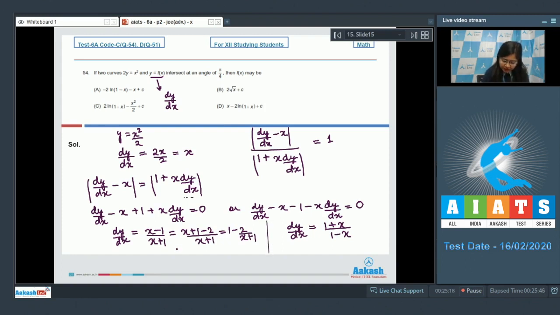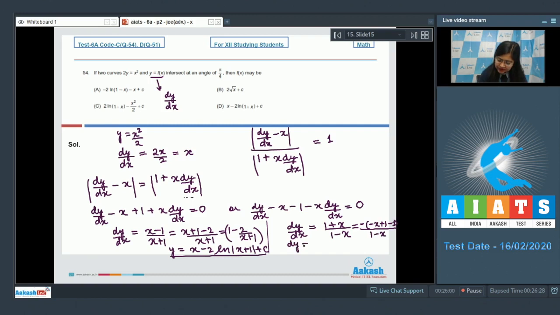So we have y equal to the integral of this into dx, that is x − 2 ln|x + 1| + constant. So this is one of the curves. Now this can be written equal to −1 − x plus 1 − 2 divided by 1 − x.